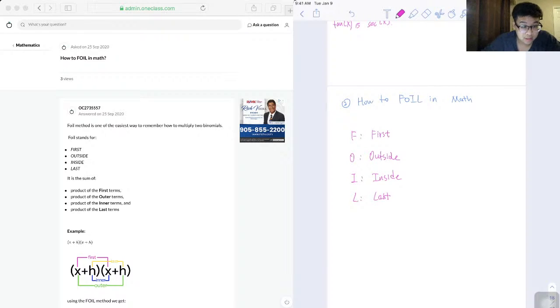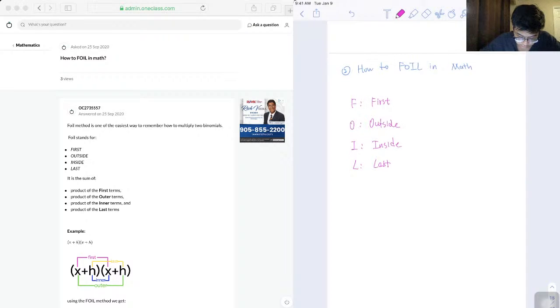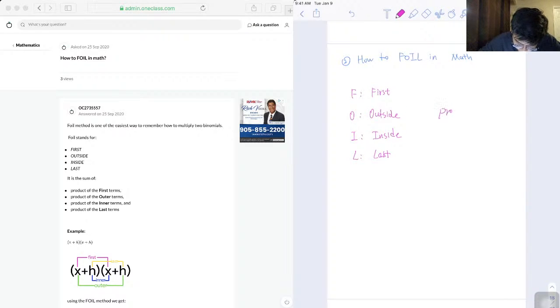It is a sum of the product of the first terms, the product of the outer terms, the product of the inner terms, and the product of the last terms.